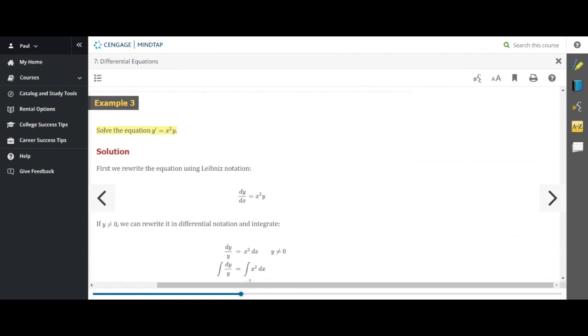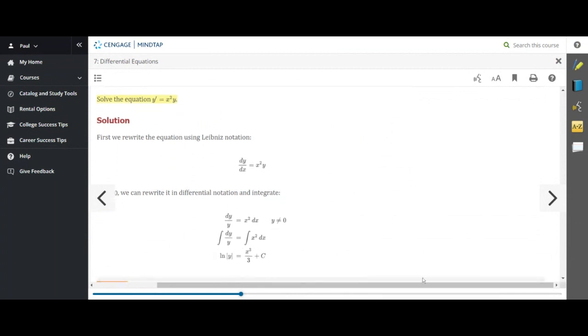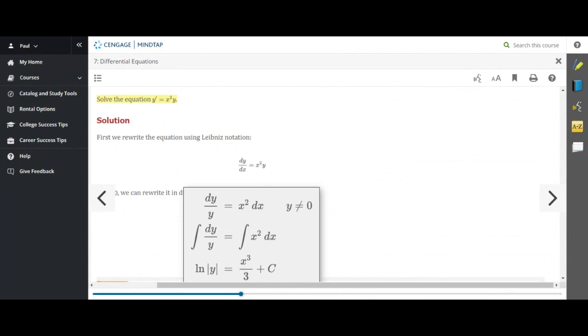So you see what you do, you separate the variables. First of all, y prime you write as dy dx, and then you rewrite the differential equation. So dy over y equals x squared dx, and then you integrate both sides.